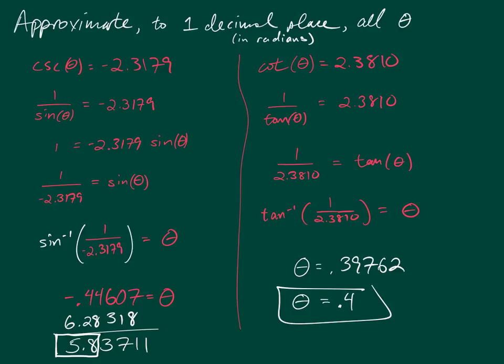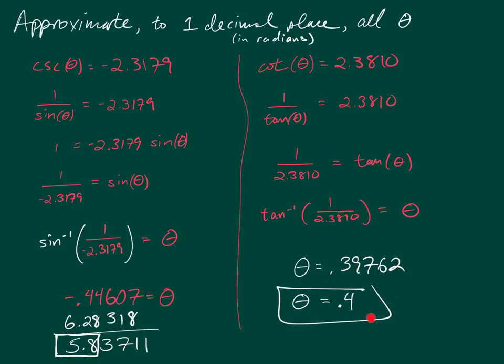Now, I've not talked about the other values that are used for this, right? So if you're finding a cosecant within the first 2 pi radians or the first full revolution, you will end up with 2 angle values that give you a negative cosecant value. This is one of them.